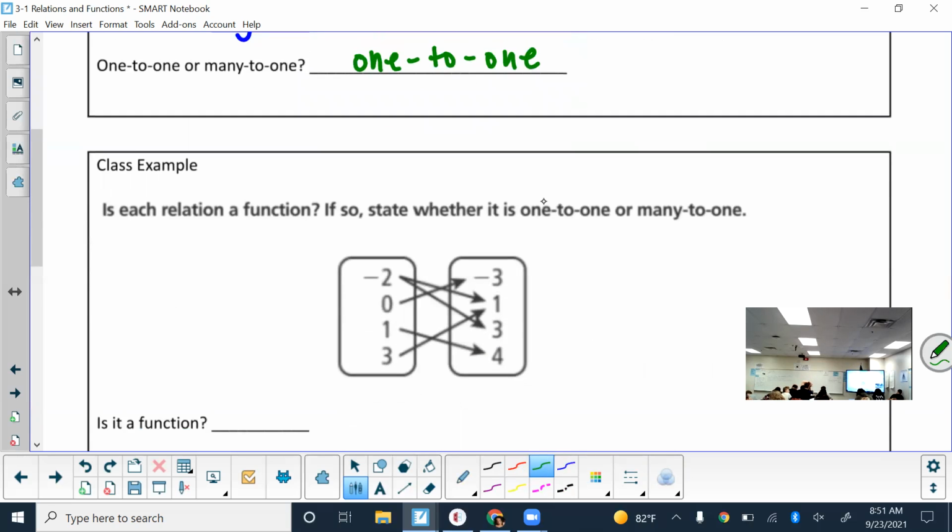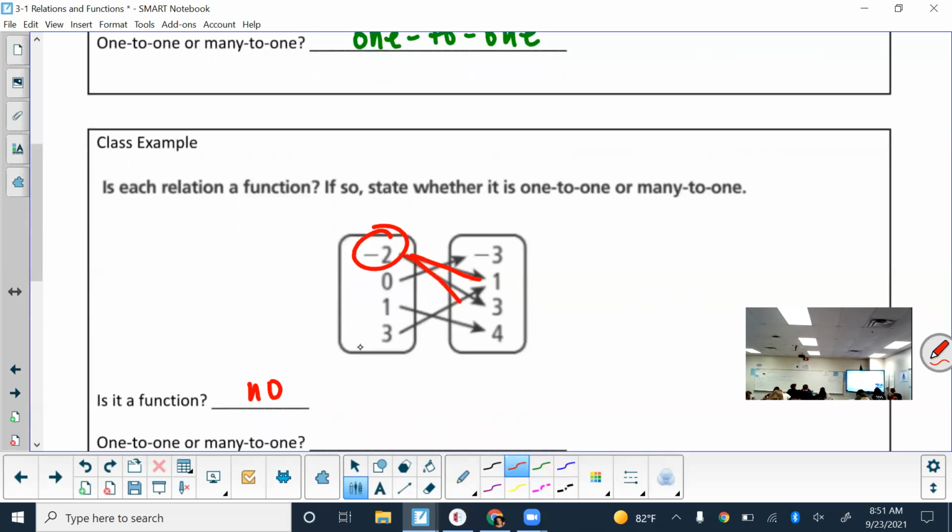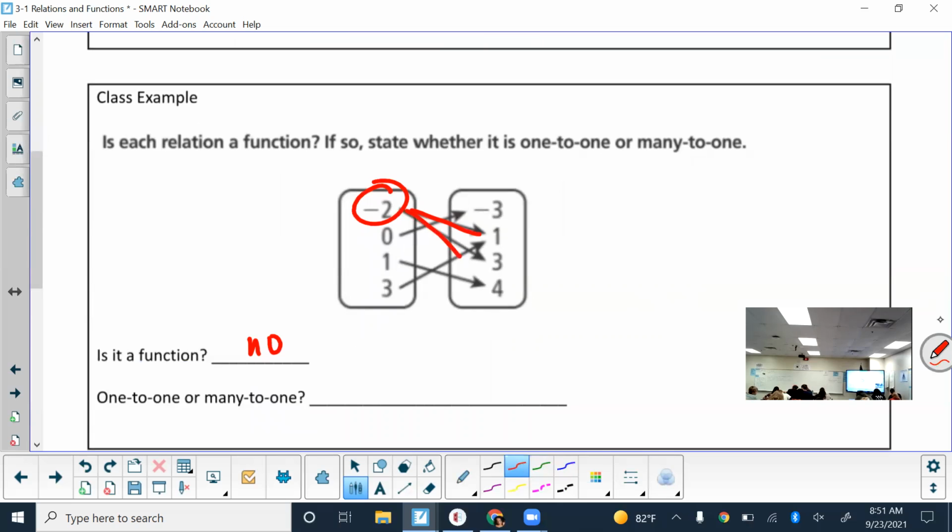All right, class example. Is this one a function? No. And what tells you that it's not a function? Good. The fact that this points to two different numbers is why it's not a function. And then how would you classify this one, as one-to-one or many-to-one?